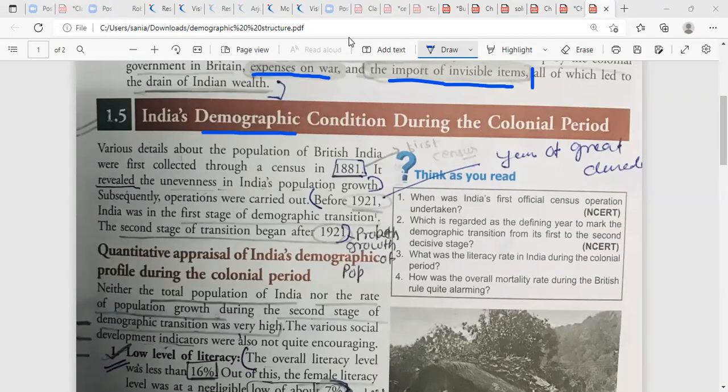Done? After that, just write stages of demographic transition. Right? Stages of demographic transition.